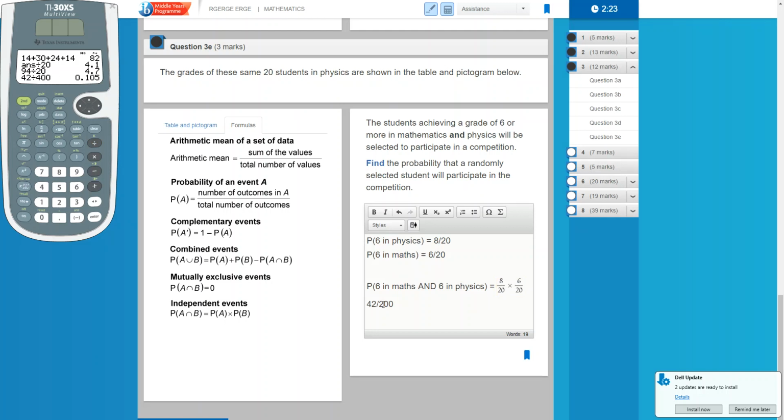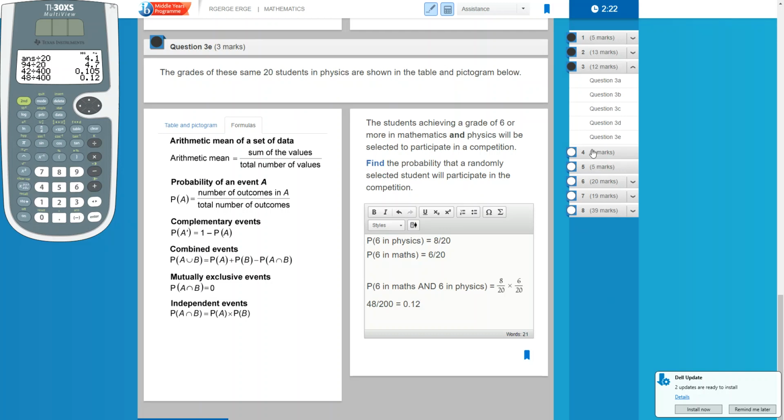Oh, 6 eights are not 42. 6 eights are 48. Checking as we go. And that is equal to 0.12.